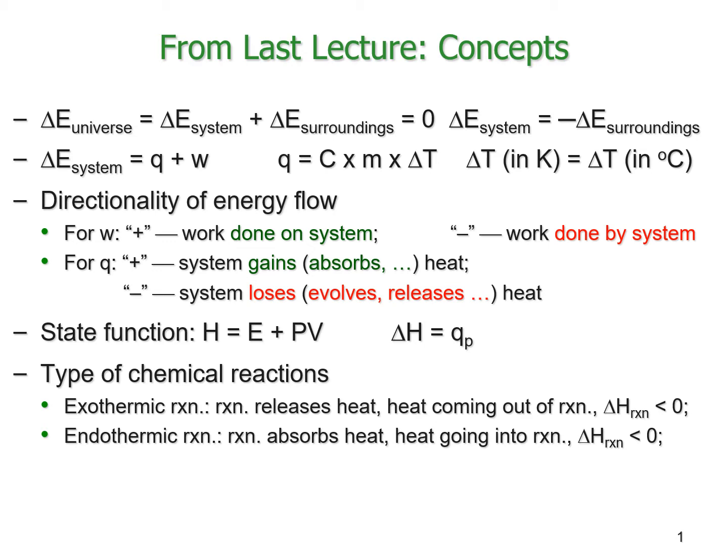If the system has energy change less than 0, it means that the system loses energy by releasing heat. So heat is coming out of the reaction, so that's why we call it exo. Endo is the opposite.